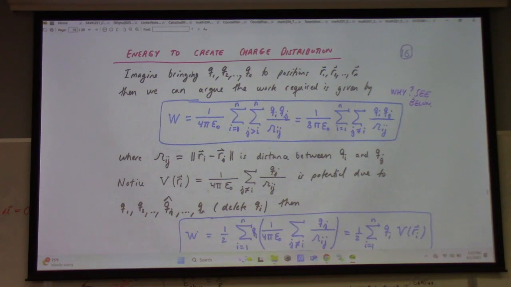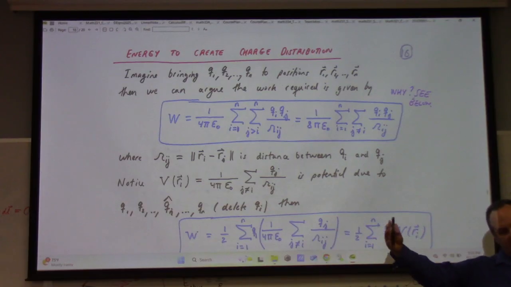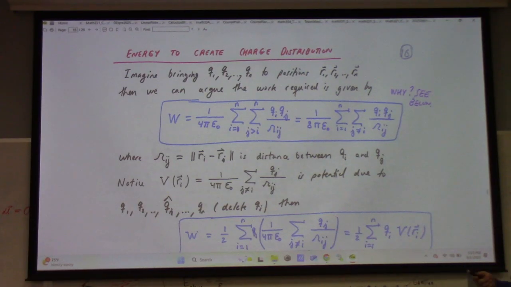And so if you look at the assembly of how much energy it takes to bring in charges from infinity to put together a charge distribution, and you work it out, you get this formula. And then what he does is he divides by 2. So instead of i greater than j, he gives just j not equal to i, like this, where the distance is the usual distance between the charges.